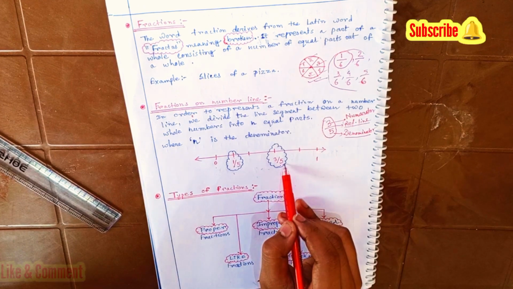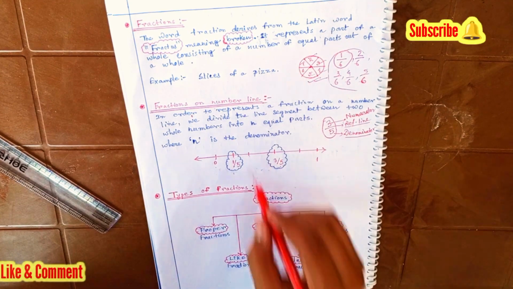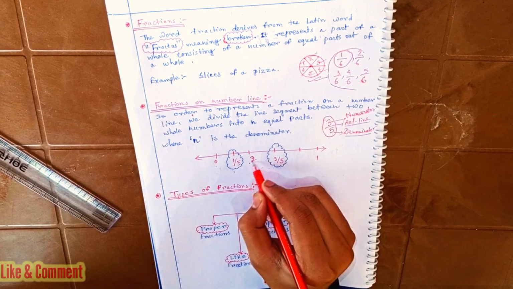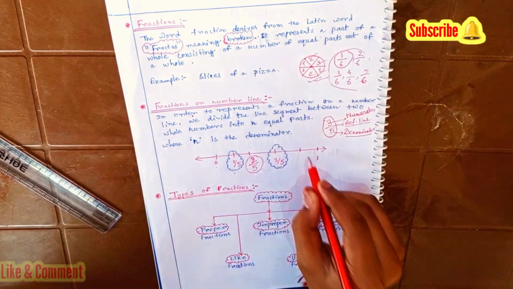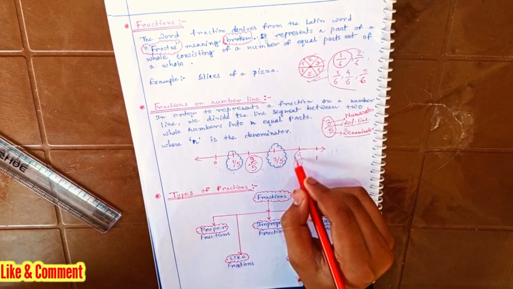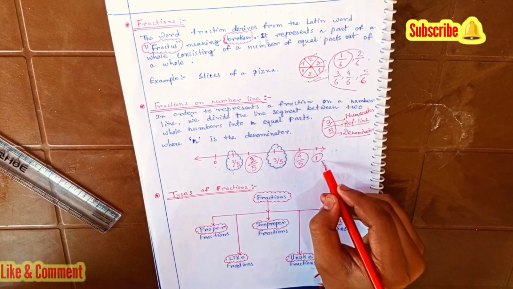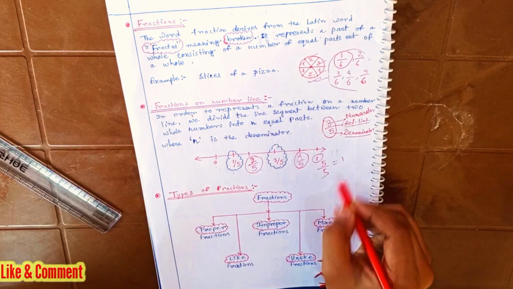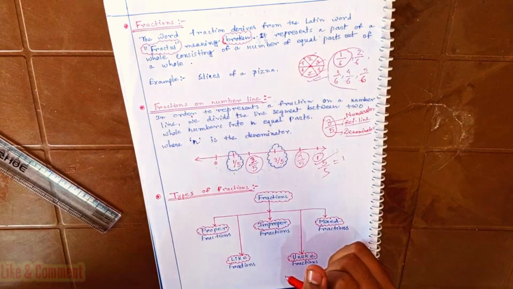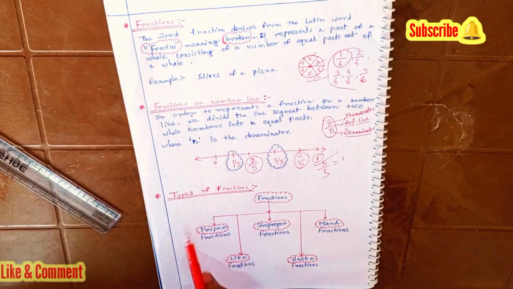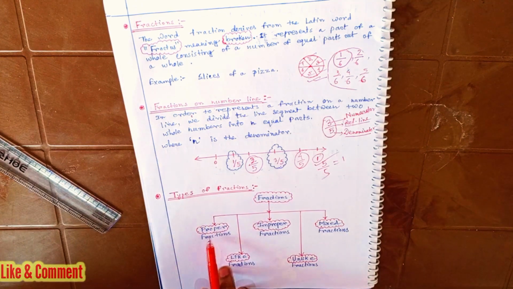That's why this is 3 by 5. This will be 2 by 5 the same way. This will be 4 by 5. And why is this 1? Because it is 5 by 5, it is 1. Now we have to know the types of fraction.